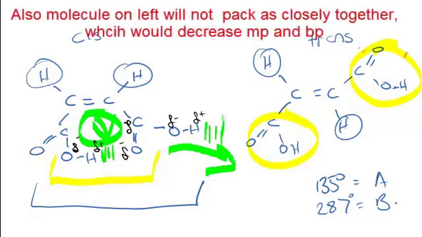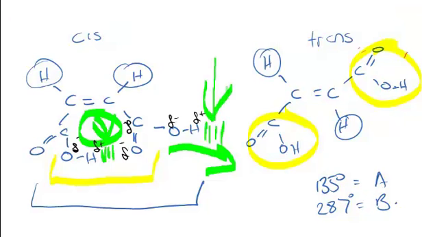This is its ability to bond with other molecules, and when these bonds are broken, that's changing its physical state. So this one would only have one hydrogen bond that could happen. This one could have more than one.